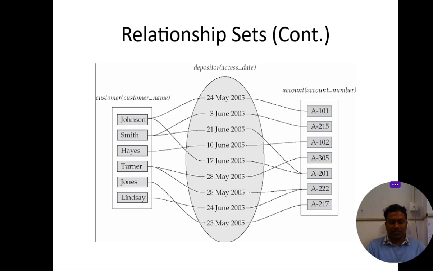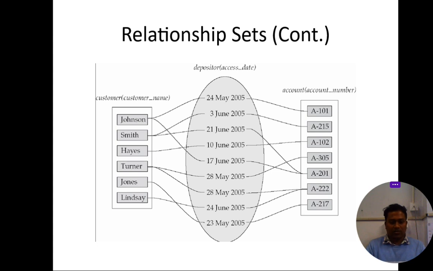Now, relationship sets. An attribute can also be a property of a relationship set. For instance, the depositor relationship set between the entity sets customer and account may have the attribute access date.